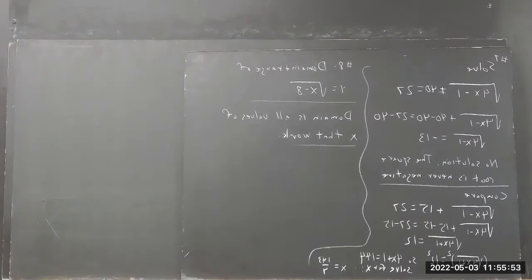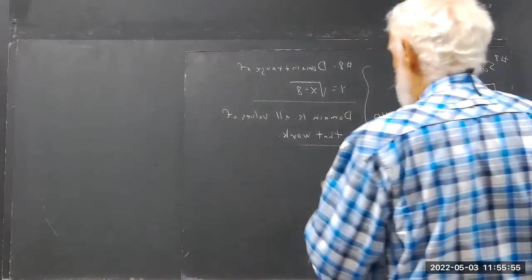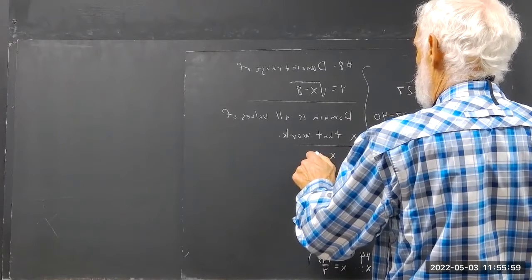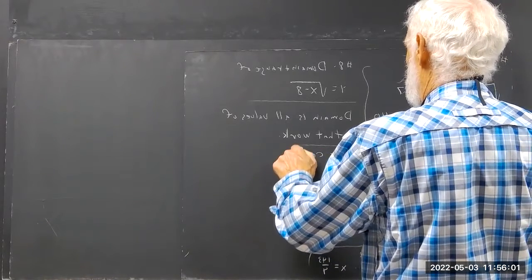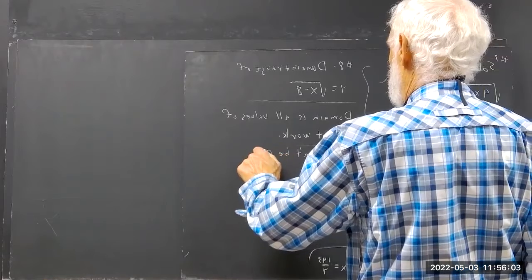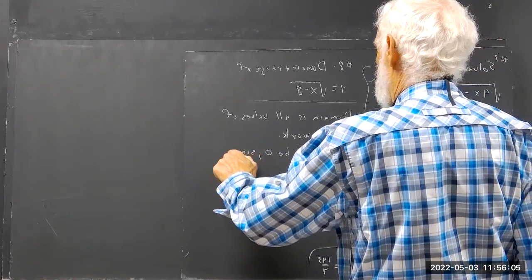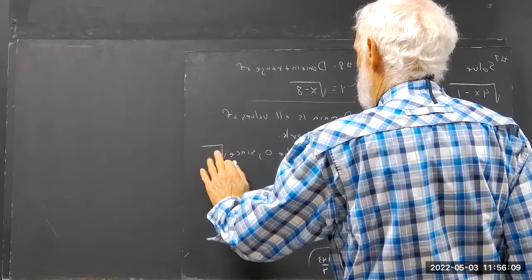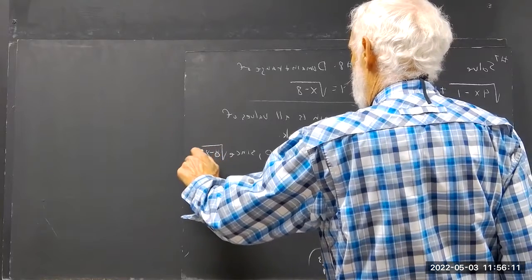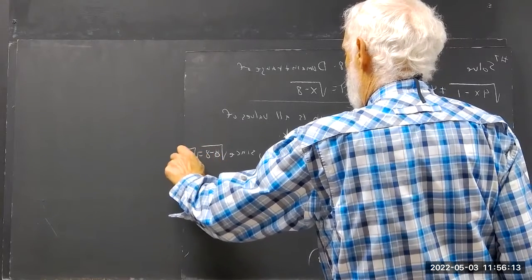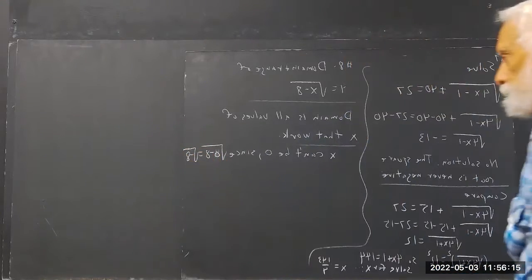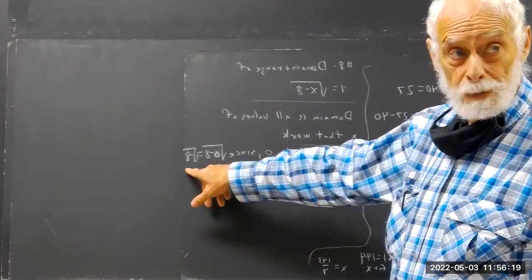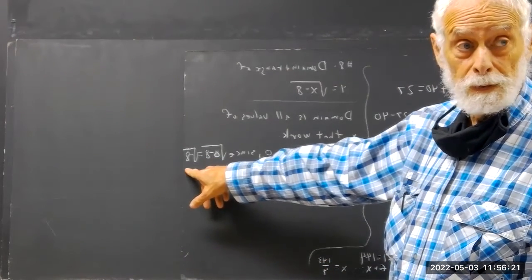Okay, well, x can't be 0, since the square root of 0 minus 8 is the square root of negative 8, which doesn't exist.